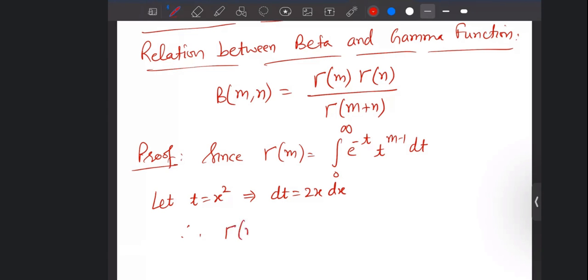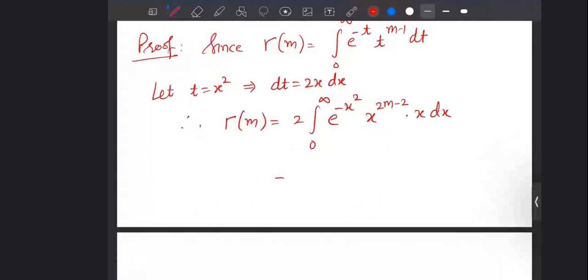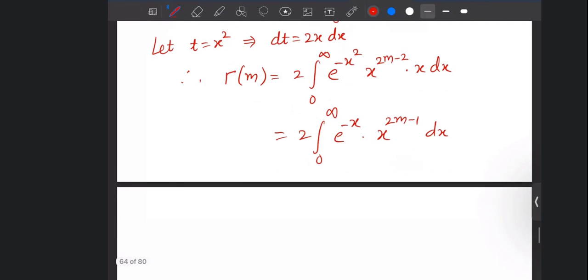Therefore, the gamma function becomes gamma of m is equal to twice the integration from 0 to infinity, limits being the same, of e raised to the power minus x square into x raised to the power 2m minus 2 into x dx, that is twice the integration from 0 to infinity of e raised to the power minus x square into x raised to the power 2m minus 1 dx.